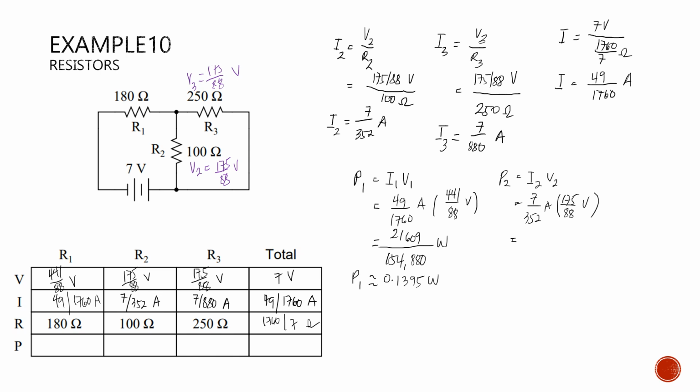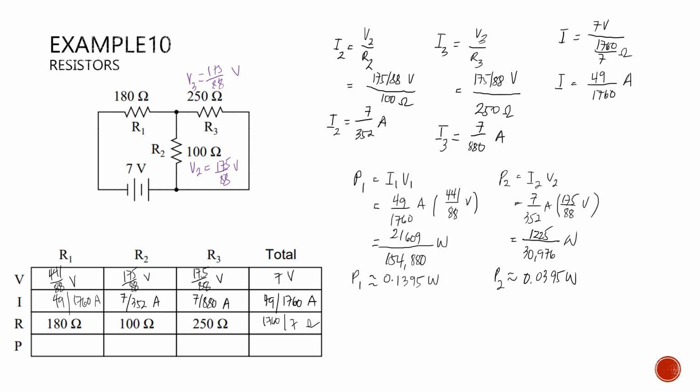So 7 over 352 times 175 over 88. So that's 1225 over 3976 watts, or that's approximately 0.0395.